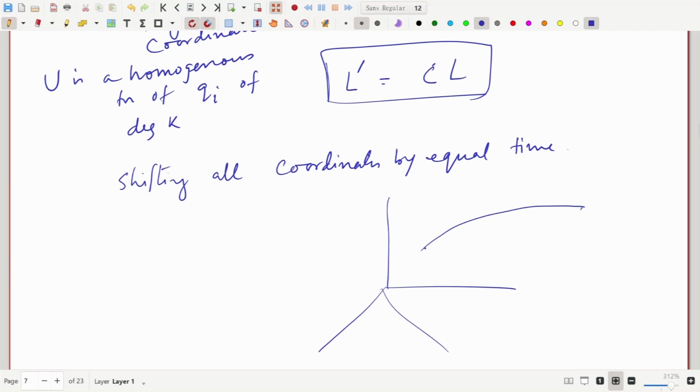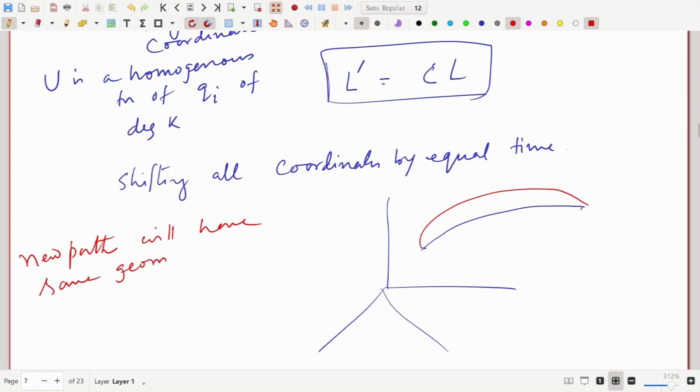Now, if you scale all the coordinates, this will be replaced by a new path. Since you are multiplying all the coordinates by an equal amount, the new path will have the same geometry but a different length scale.